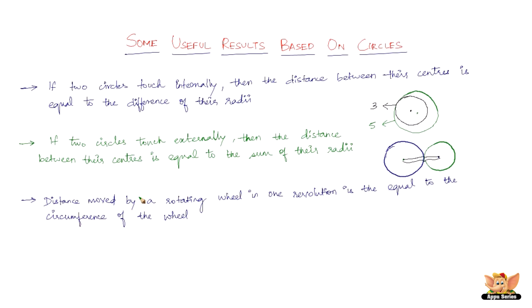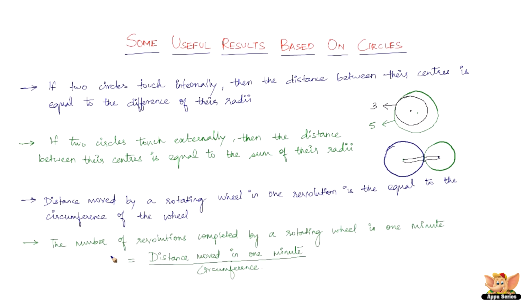Not much to draw for this, so I'll go to the next result. So here we've got another result which states that the number of revolutions completed by a rotating wheel in 1 minute is nothing but the distance moved in 1 minute divided by the circumference of the wheel. Say for example, you've got a cycle and you drive around for a minute, all right?